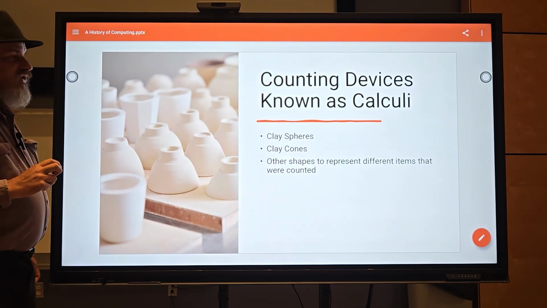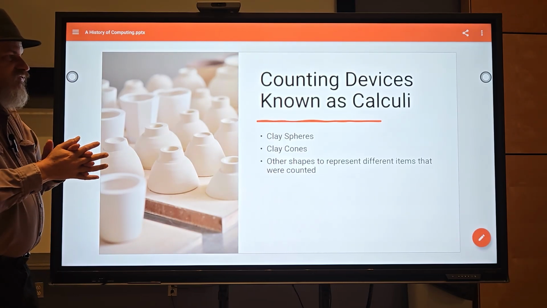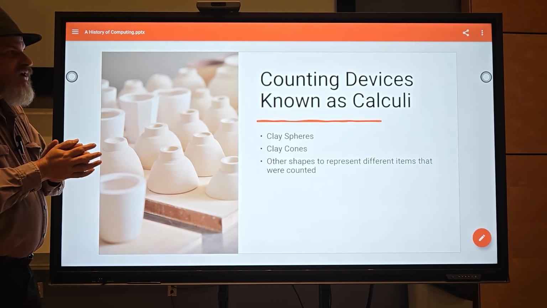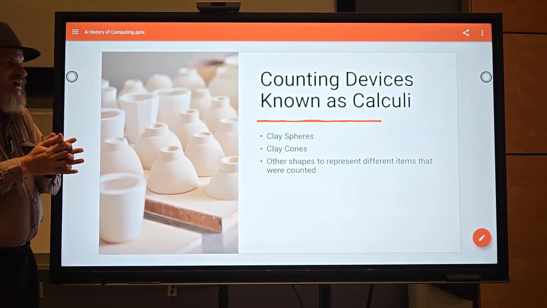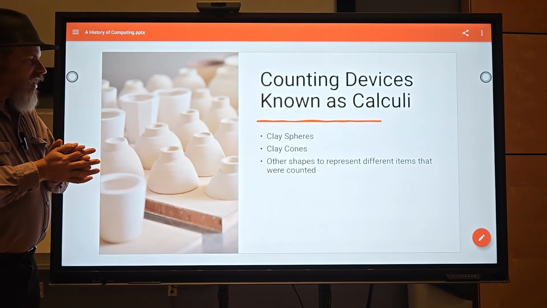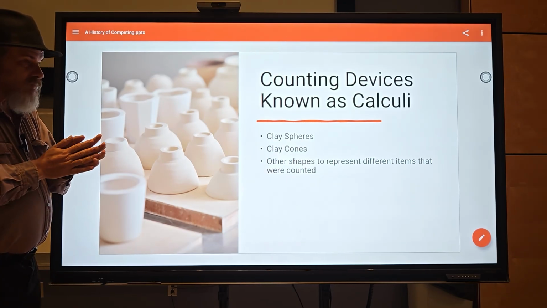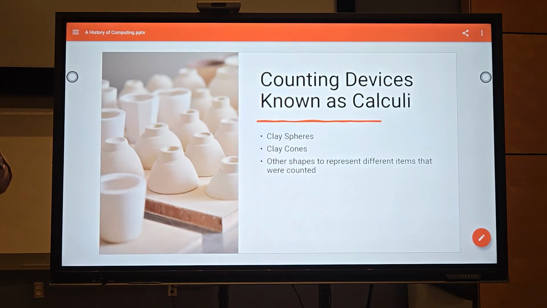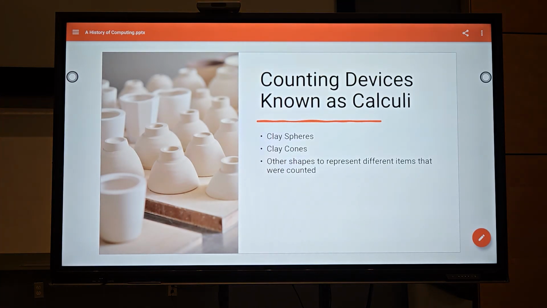Later on, they used clay spheres, clay cones, and other shapes to represent different items that were counted. These were known as calculi. Of course, you shouldn't neglect to say our probably most primitive form of counting device is our fingers and toes.